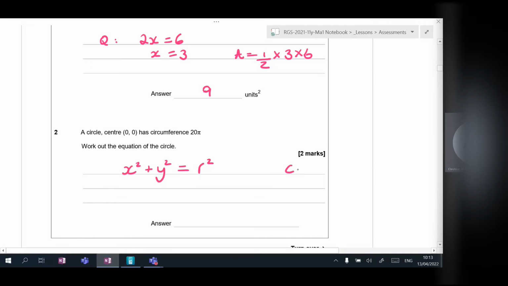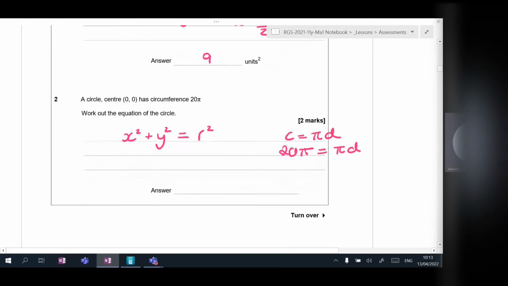So if my circumference is pi times the diameter, apologies for my pen being rubbish today, that tells me my diameter is 20.